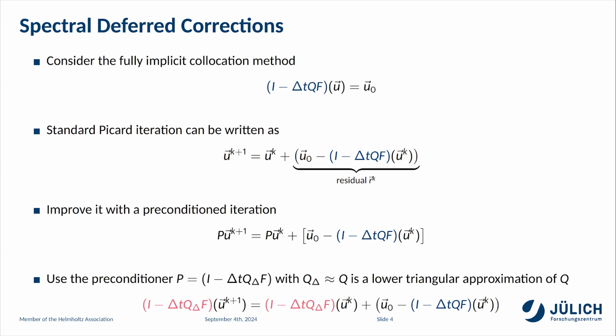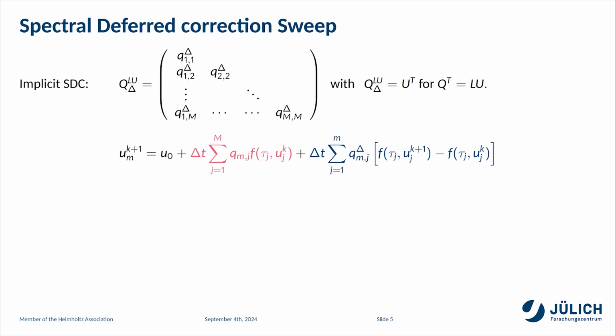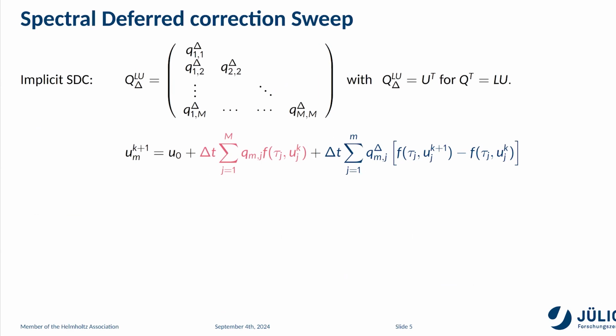By doing this, as I mentioned before, we can solve our system using forward substitution. Now, just rearranging our equation, this is an example of the Q delta, or the preconditioner.